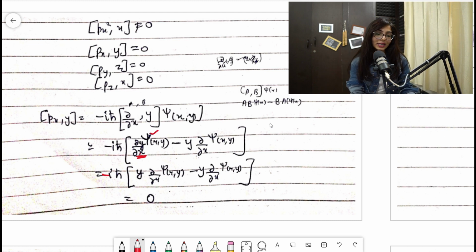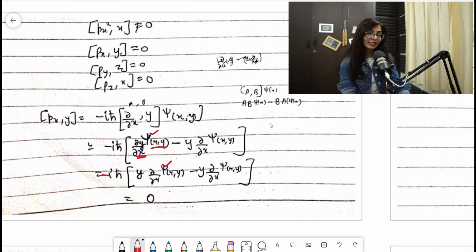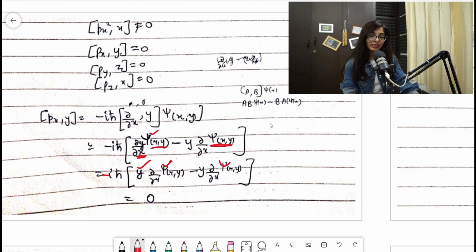Now psi depends on x and y, so I'll keep it inside, because psi also depends on x. But I'll take y outside, and psi is only one term, so psi(x, y). So that will become minus y del by del x psi, and it will be as it is. So guys, can you see these two things are similar only?